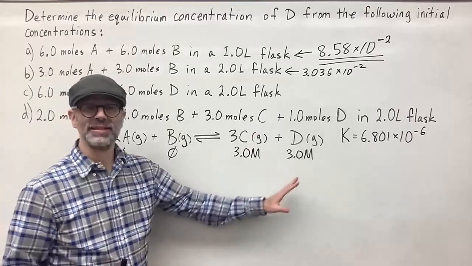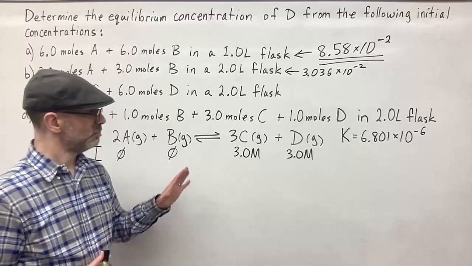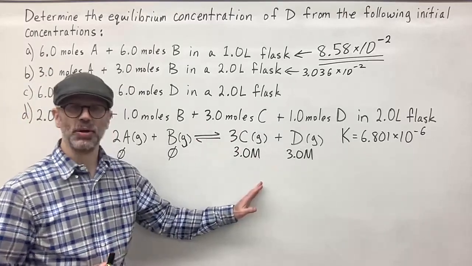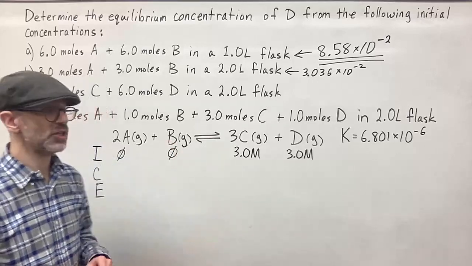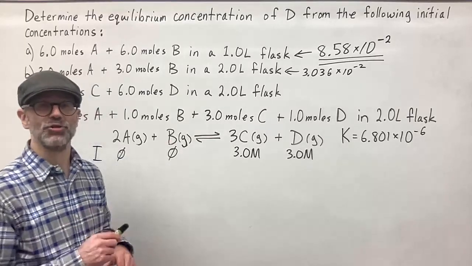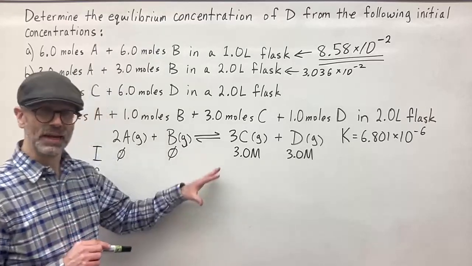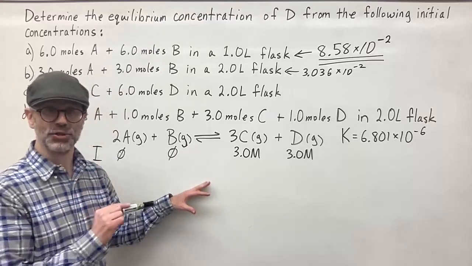So we're going to treat this like a limiting reagent problem, and we're going to do stoichiometry first. Therefore, we're not going to use concentration, but we're going to use the moles that they gave us. So you use moles in your table when you're doing the stoichiometry first.